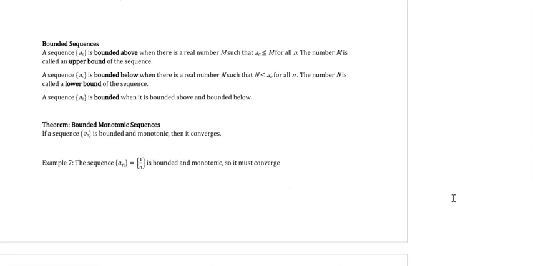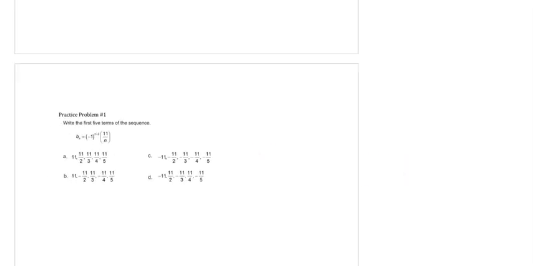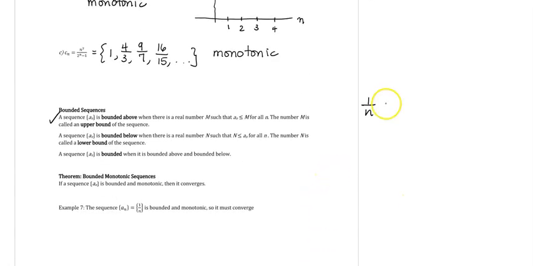Now let's talk about what it means for a sequence to be bounded. A sequence is bounded above if there's a number that every term in the sequence is smaller than. And a sequence is bounded below if there's a number that every term in the sequence is larger than. So for example, if I consider the sequence 1 over n, I know that 1 over n is always going to be smaller than 1.